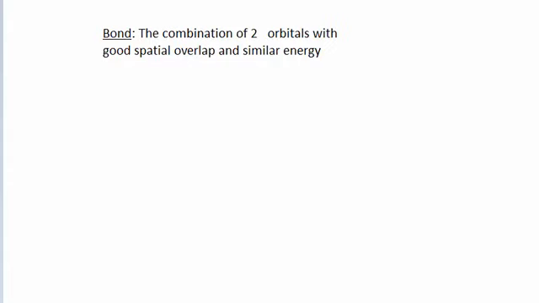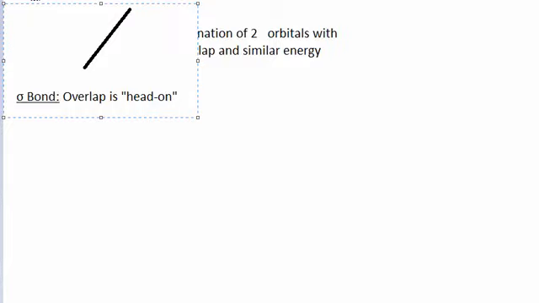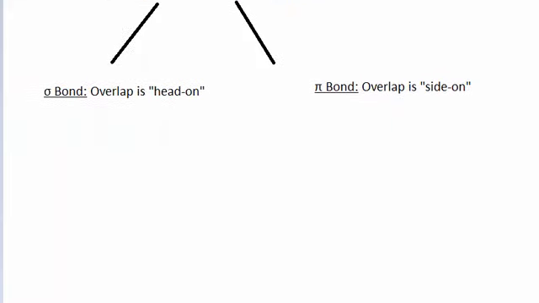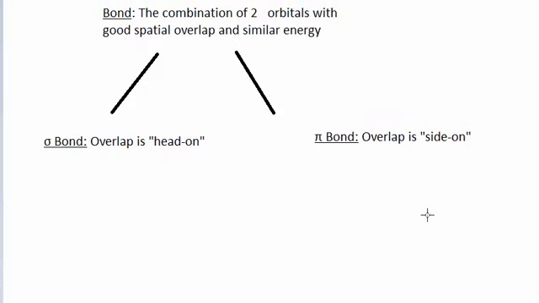Okay, and with the introduction of this overlap and energy ideas, in organic chemistry you'll be doing 2 different kinds of basic bonding. One of them we call sigma bonding, which means the overlap is head-on, and we'll talk a little bit about that. And the other bonding scheme is a pi bond, in which you get side-on overlap of orbitals.